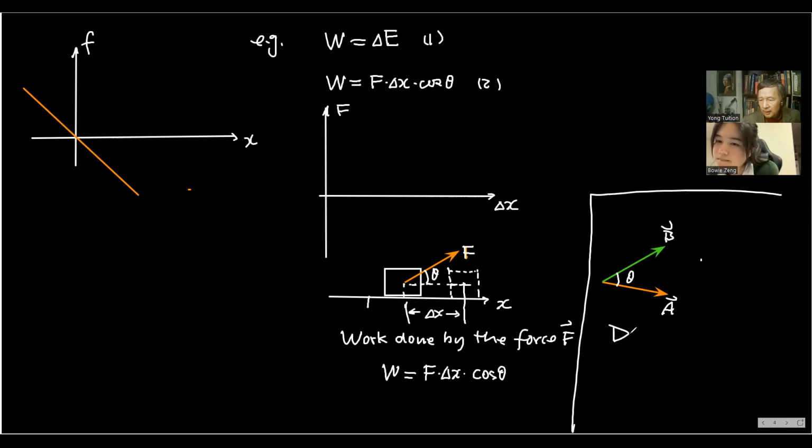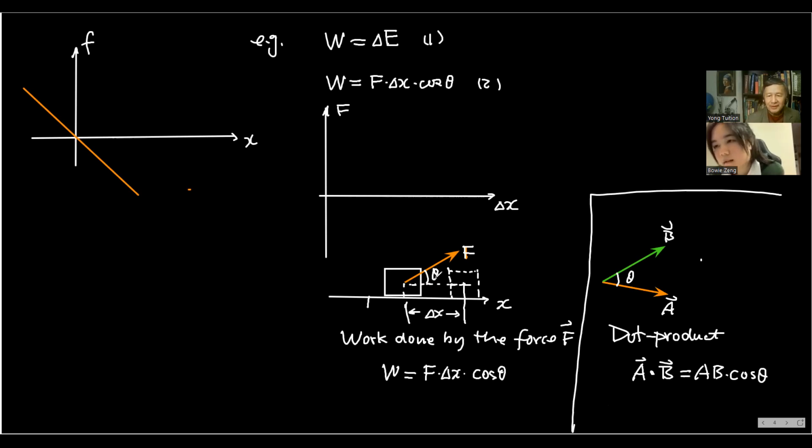The dot product of two vectors, by definition, A dot B can be written as the magnitude of A multiplied by the magnitude of B multiplied by cosine theta. Can you see the similarity between these two? So that's how we use a vector dot product in mechanics.